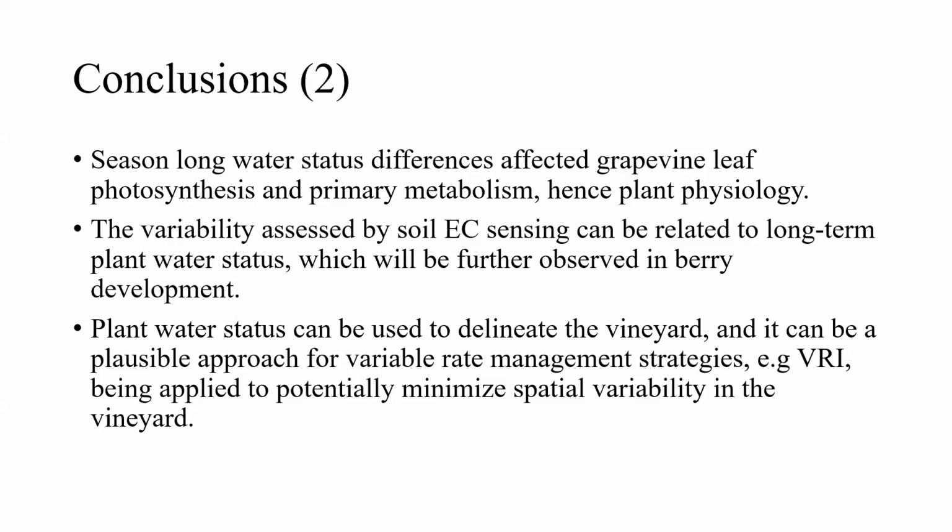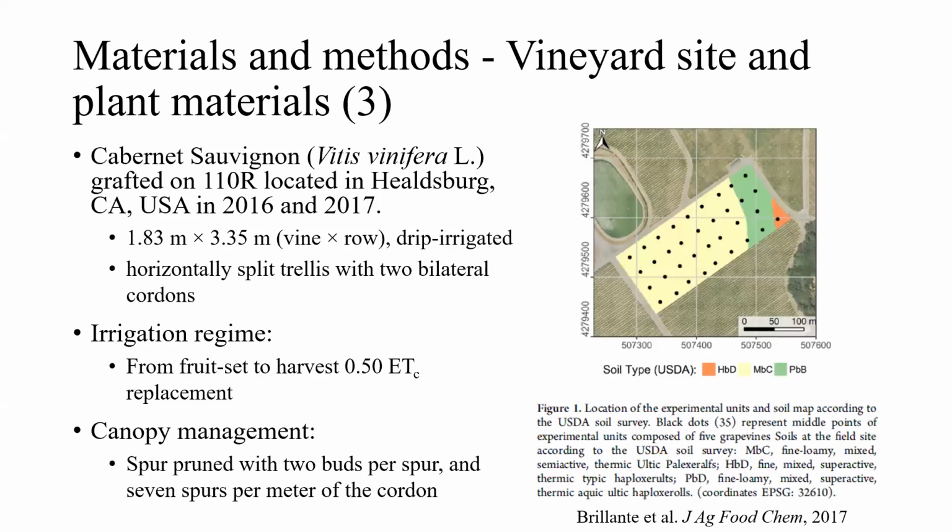So we move on to the third section of the study, which was actually done before the first two sections. It was conducted in a Cabernet Sauvignon vineyard in Hillsborough, California, with 110R as the rootstock. The vineyard spacing was 1.83 meters by 3.35 meters, and the trellis was quadrilateral canopies with 2 bilateral cordons.